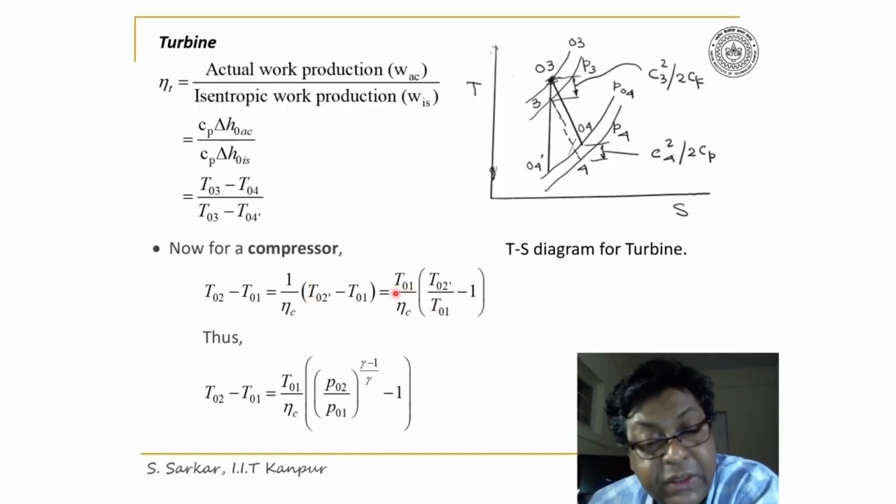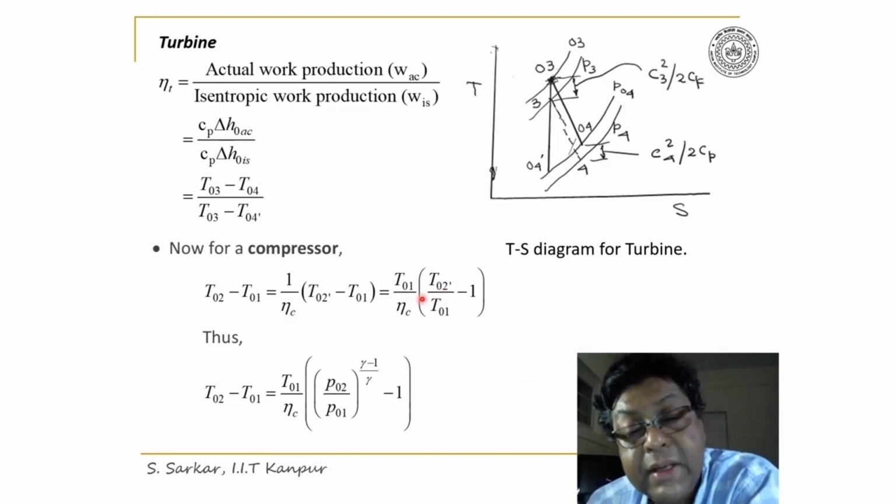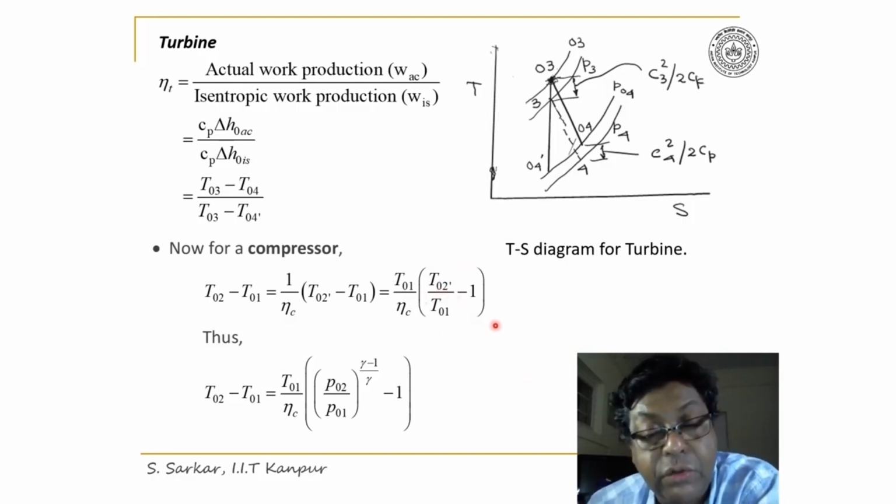So if we take T01 common, I can express T02 minus T01 as T01 divided by eta C within the bracket T02 dash divided by T01 minus 1.